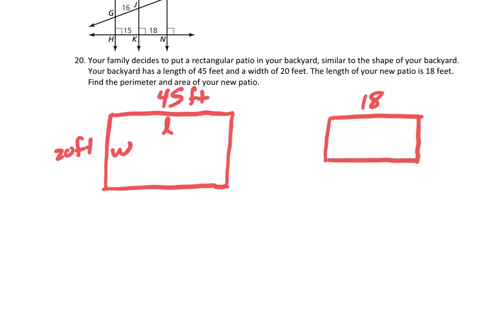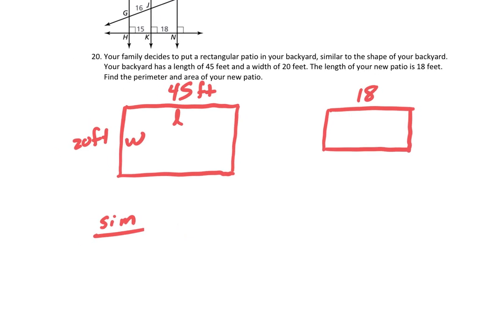What is my similarity ratio? What two sides do we know both measurements to? Okay. So we're going to go 45 over 18. And if it was me, I probably would reduce it because those are fairly large numbers. 9 goes into both of them.